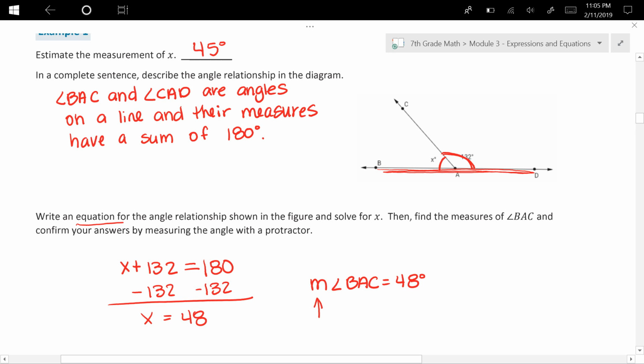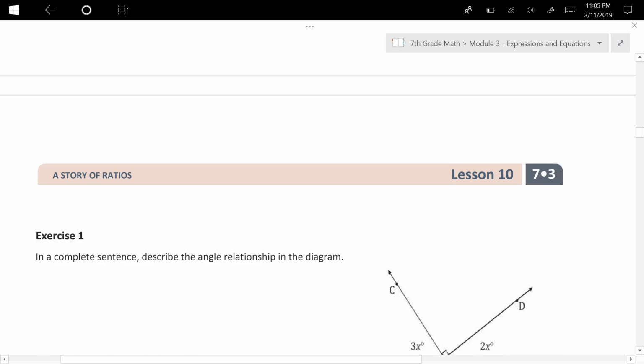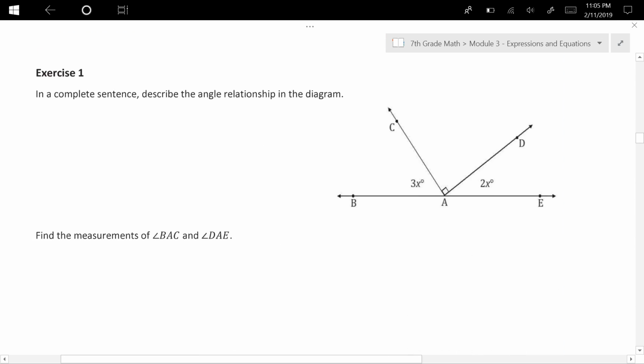Just a really quick note here in geometry, m here is measure. So basically this is saying the measure of angle BAC is equal to 48 degrees. Okay. All right, so let's go ahead and go to the next page and work on the next one.